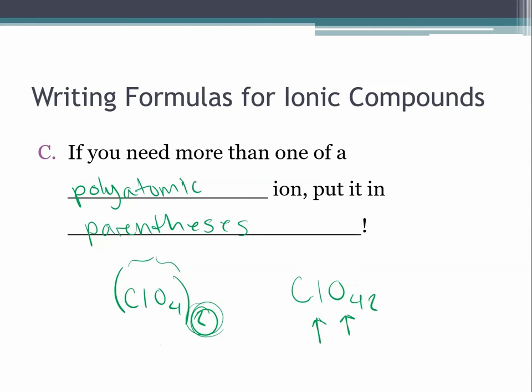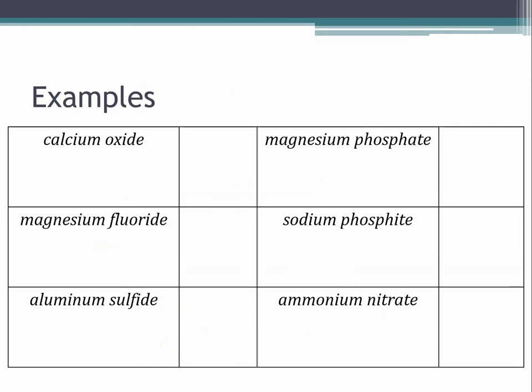All right, so let's see some examples of this. Our first example is calcium oxide. So we will start. Step 1 is to write the formulas for the cation and the anion separately. So calcium is Ca. Hopefully you recall that calcium is an alkaline earth metal.